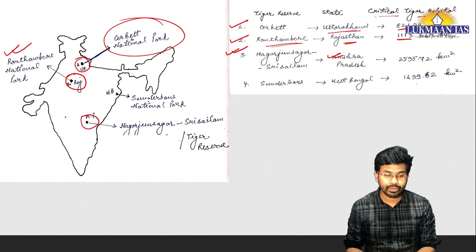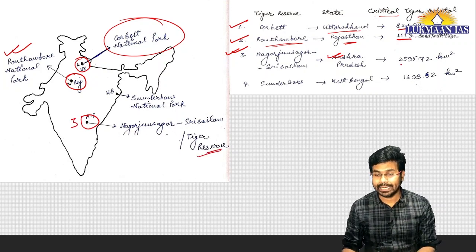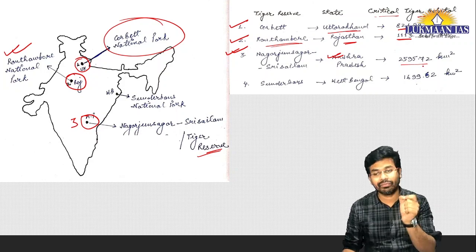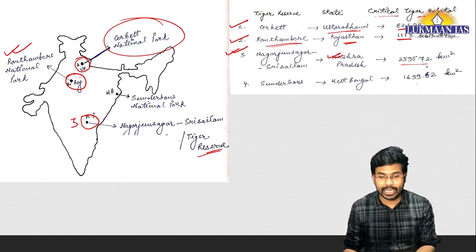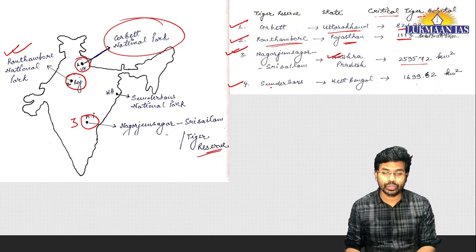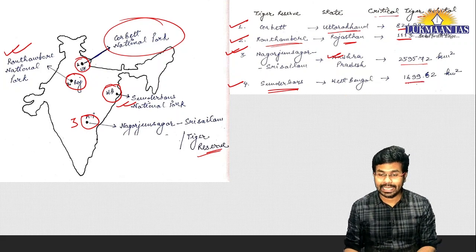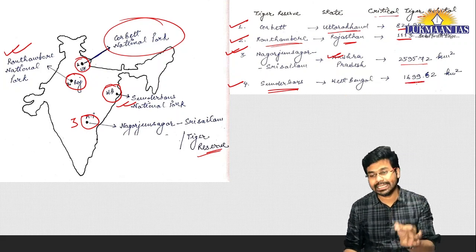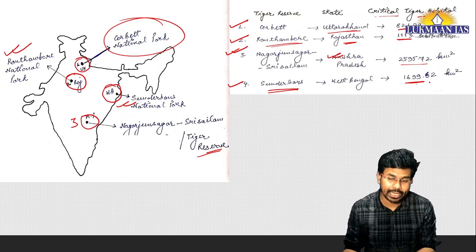So this is the location of Nagarjun Sagar Sri Sailam Tiger Reserve. It has a core area of 2595.72 square kilometers. And if we talk about Sundarbans Tiger Reserve or National Park, it is located in the state of West Bengal, and it has a core area of 1699.62 square kilometers.